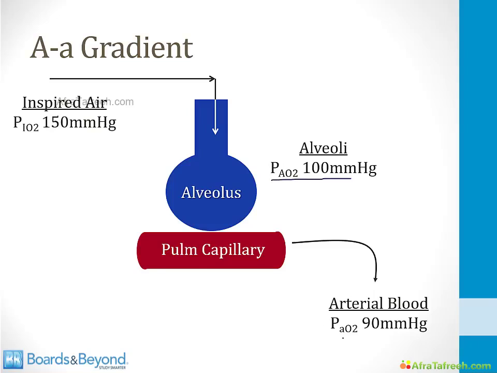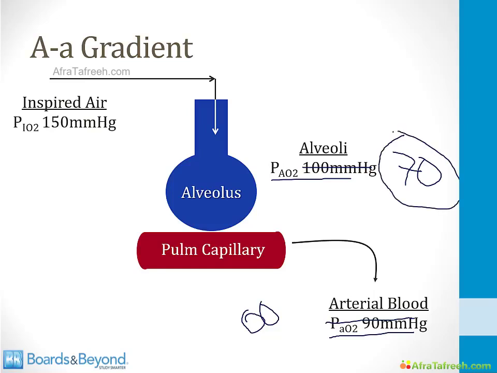And that yields an arterial oxygen content of about 90, and the difference between 100 and 90 of 10 is the AA gradient. Well, now I want you to imagine that the alveolar O2 falls and becomes 70. Well, we still have our normal AA gradient of 10, but that's now going to give us an arterial oxygen content of 60, and therefore we have hypoxemia, but the AA gradient remains the same, and it's all caused by a low alveolar oxygen content.